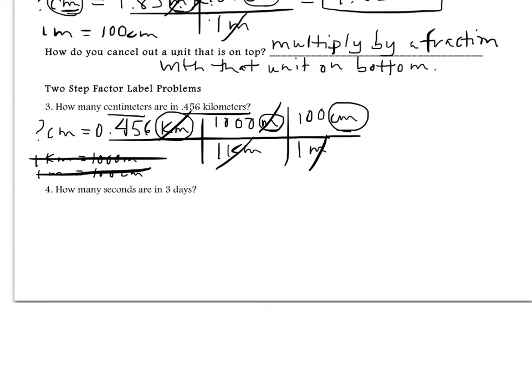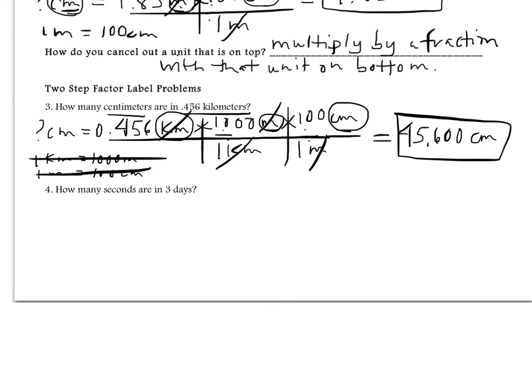My only unit left is centimeters, which means that I am ready to solve. So, if I solve this, I am going to multiply and multiply. I could divide by the ones that are on the bottom, but in this case that wouldn't change my final answer, and I get 4,600 centimeters as my final answer.